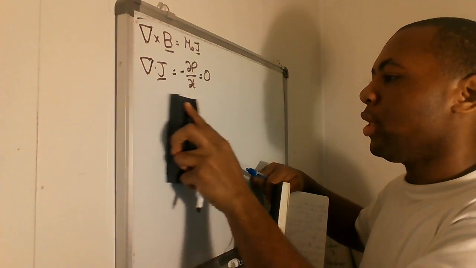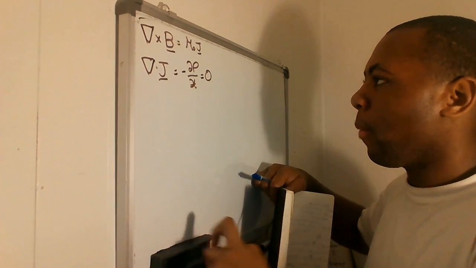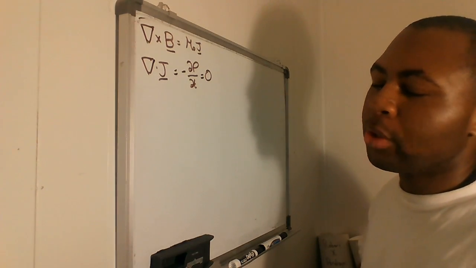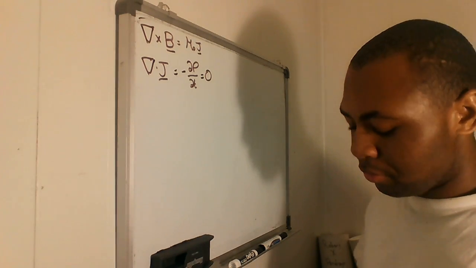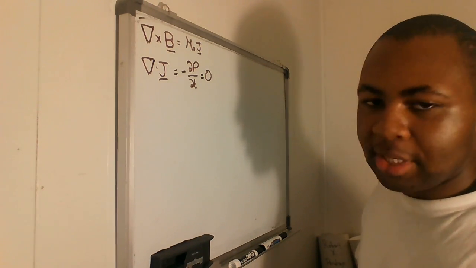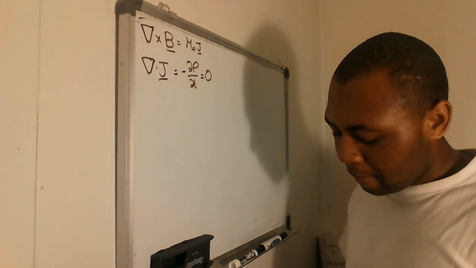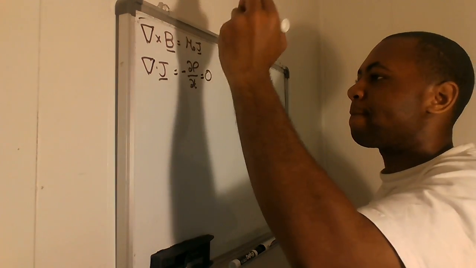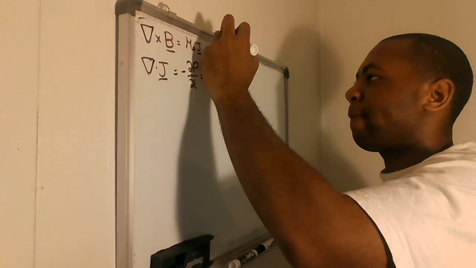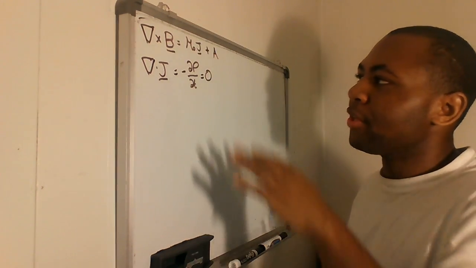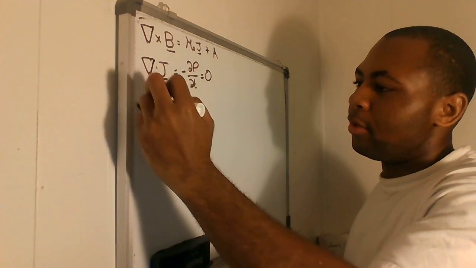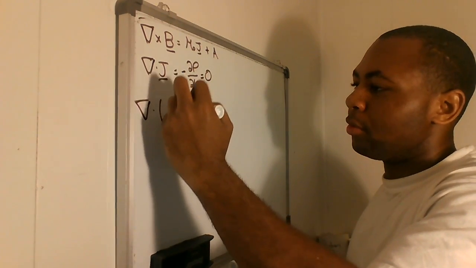And that something else we need, we're going to call A. Just going to give it some arbitrary name. I'm going to call it A. And this is going to be the case then, the divergence of this cross relationship here.